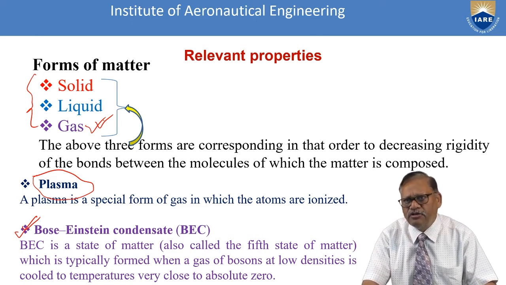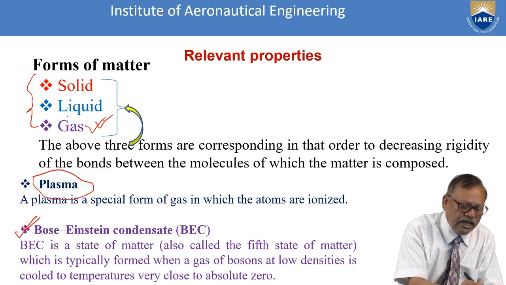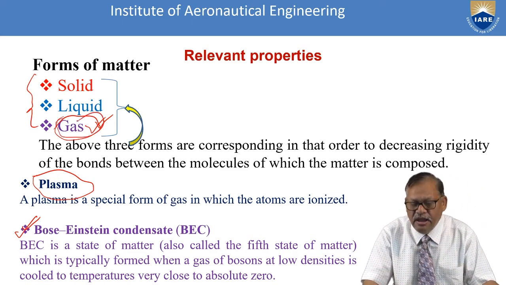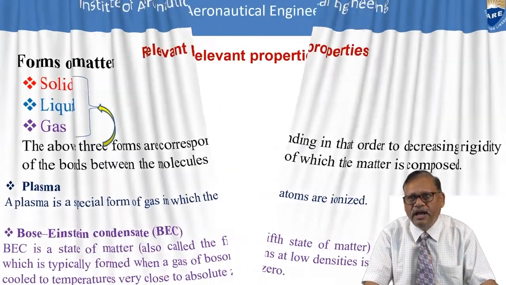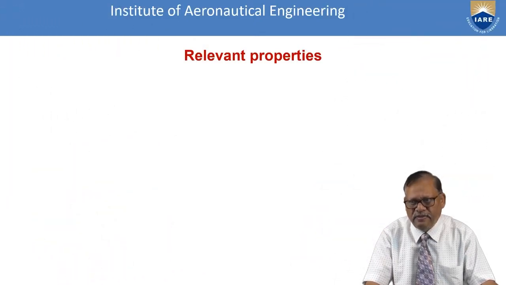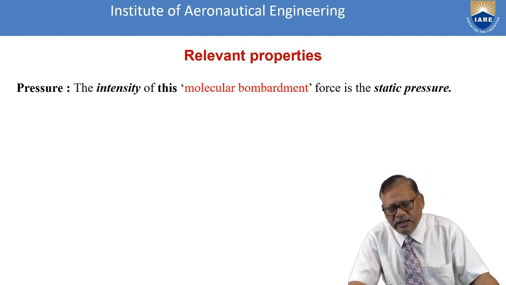Let us look into some more properties. Today we will mainly concentrate on gases and some properties of gas. When we talk about properties, what do we look at mainly in aerodynamics?